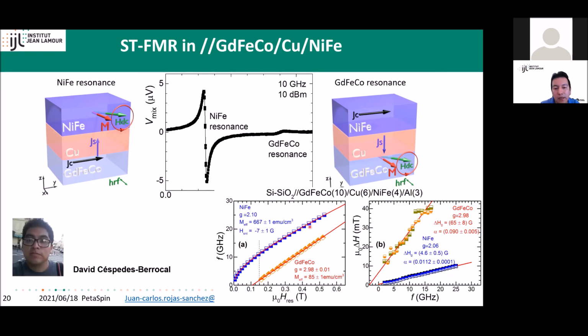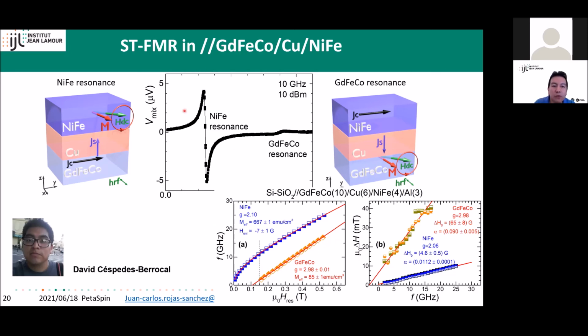This means that the plane is an easy plane for permalloy, but the thin film plane is a hard plane for gadolinium iron cobalt here. So this means that spontaneously the magnetization of gadolinium iron cobalt is perpendicular to the plane. If we plot the linewidth versus frequency, we can get the magnetic damping constant. And most of this measurement was performed with the help of my former internship student, David Cespedes, who is now back in Peru.